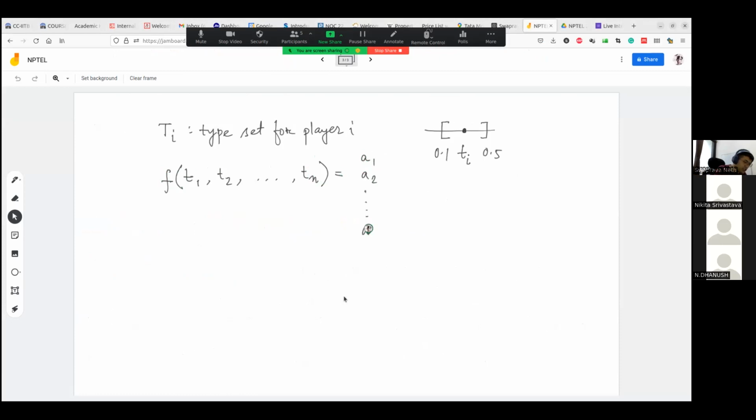Each of these ai lives between 0 and 1, with the additional condition that if you take the sum of all these ai's, from 1 to n, it will be exactly equal to 1. So this function essentially is a vector, and we can denote the ith component of it.